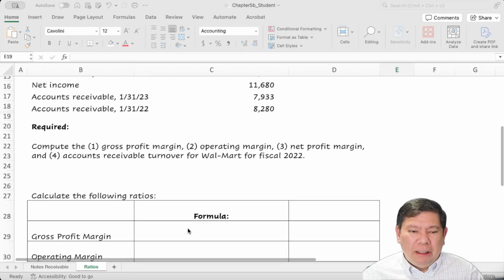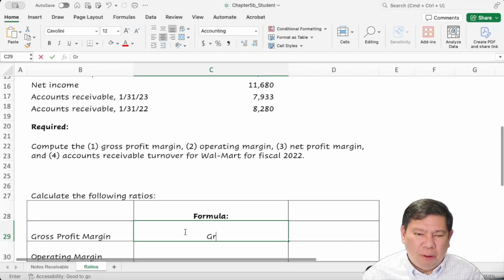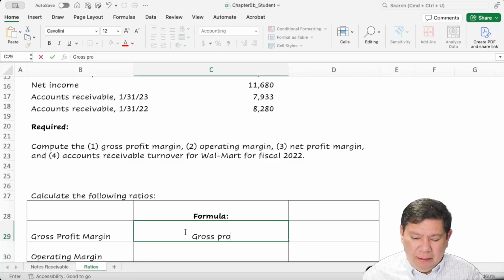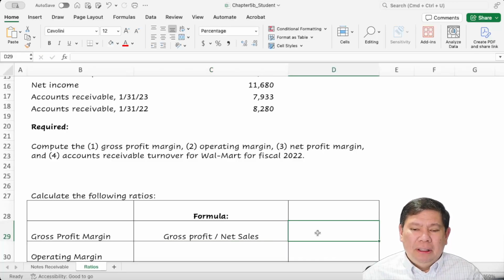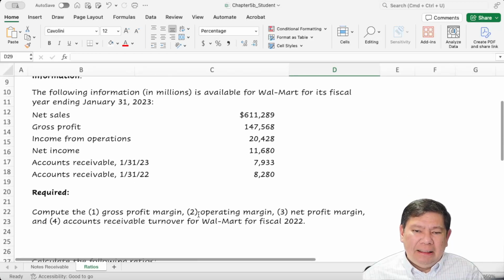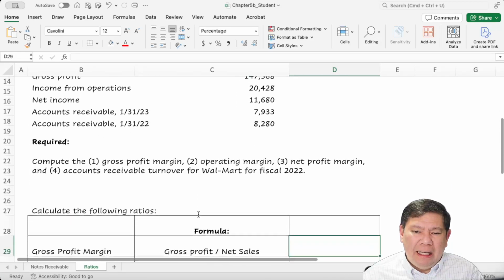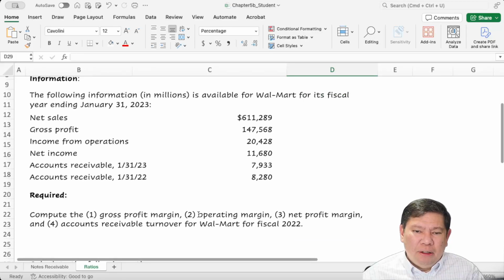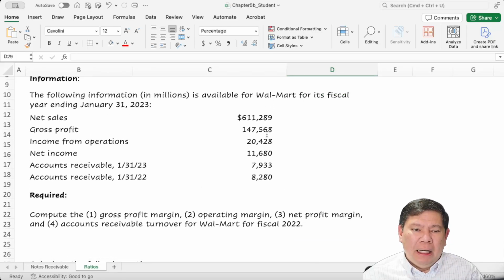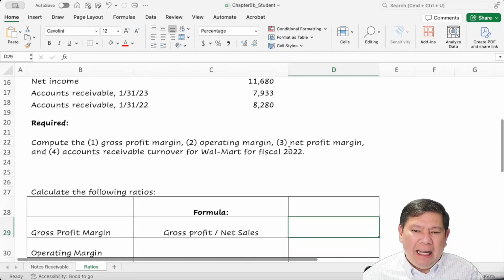So gross profit margin is gross profit divided by net sales. Net sales sometimes also reported as total revenues. Net sales here 611,289 and gross profit is 147,568.